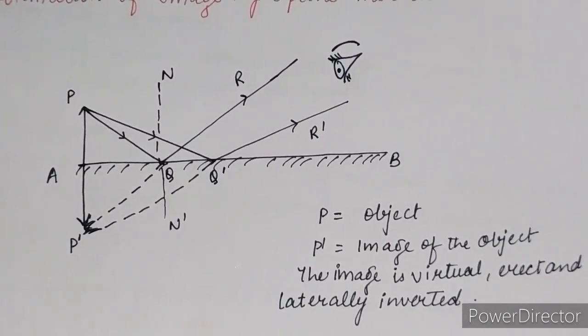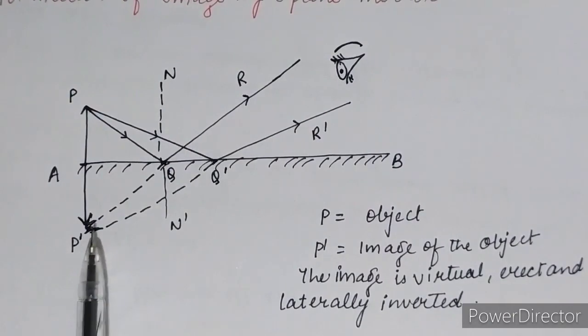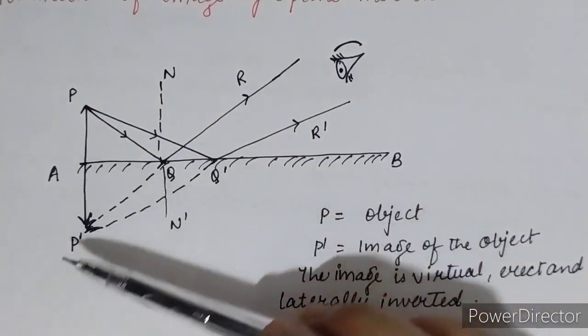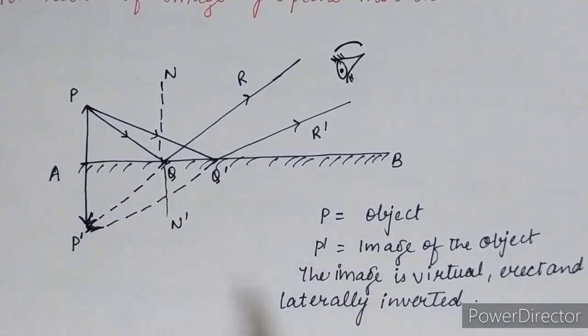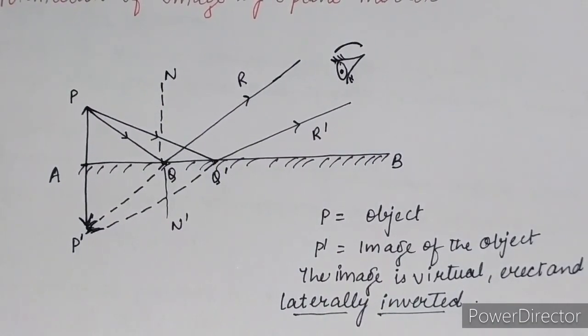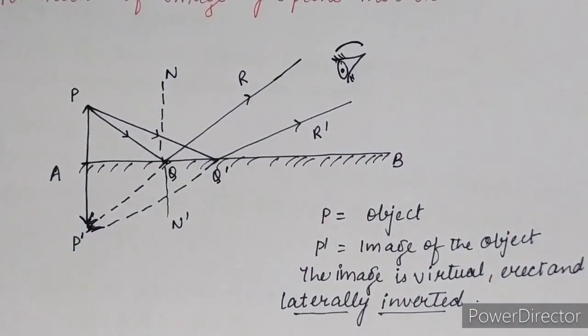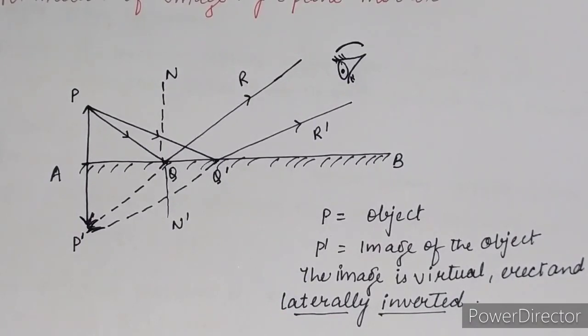This is the object, this is the image of the object, and this image is, beta, what? Erect, straight and virtual. And what else? Laterally inverted. Laterally inverted means the left seems to be right and the right seems to be left. A common example of this lateral inversion is the word ambulance written on an ambulance van. So that is an example of lateral inversion.